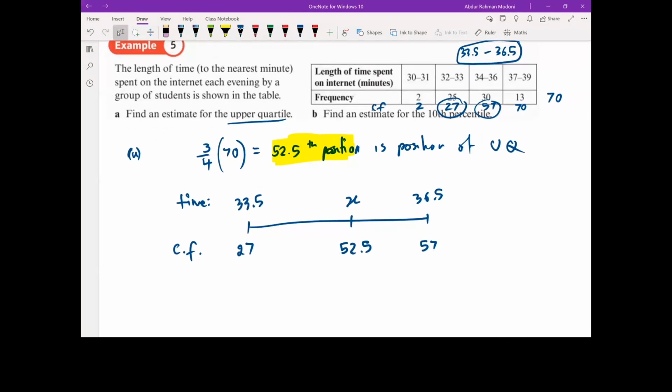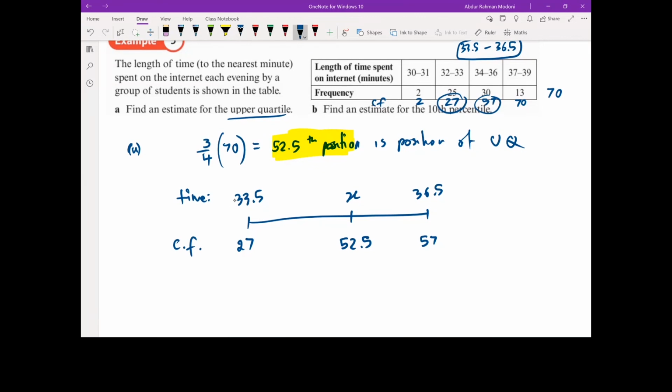There is no formula to remember or memorize. We don't learn it that way. If you look at this scale that I've drawn here, I've got time along the top and cumulative frequency along the bottom. What I can do is set up an equation using ratios.